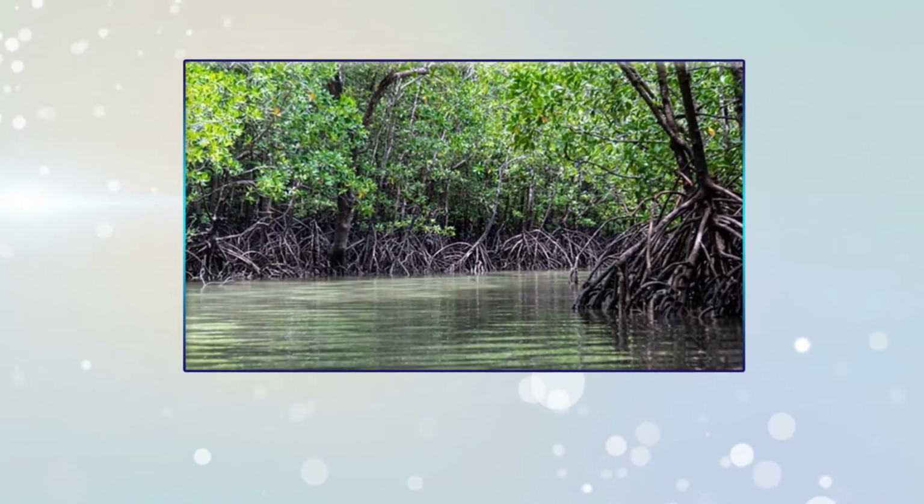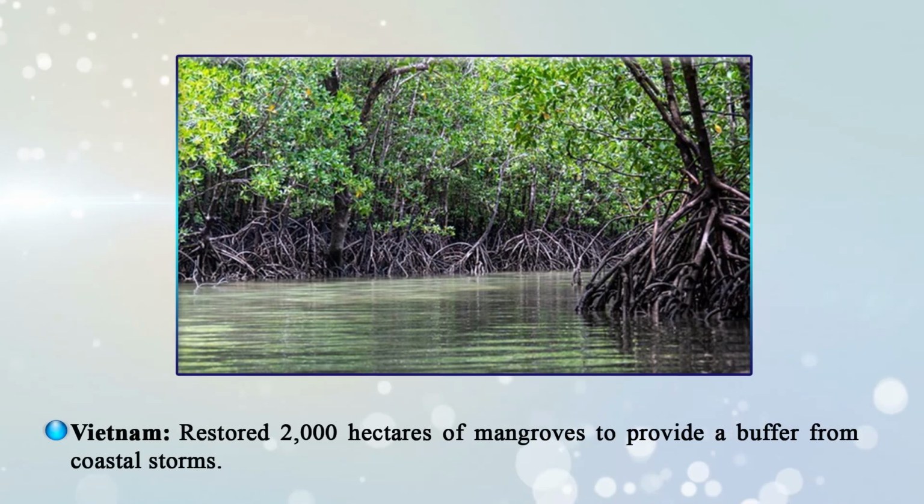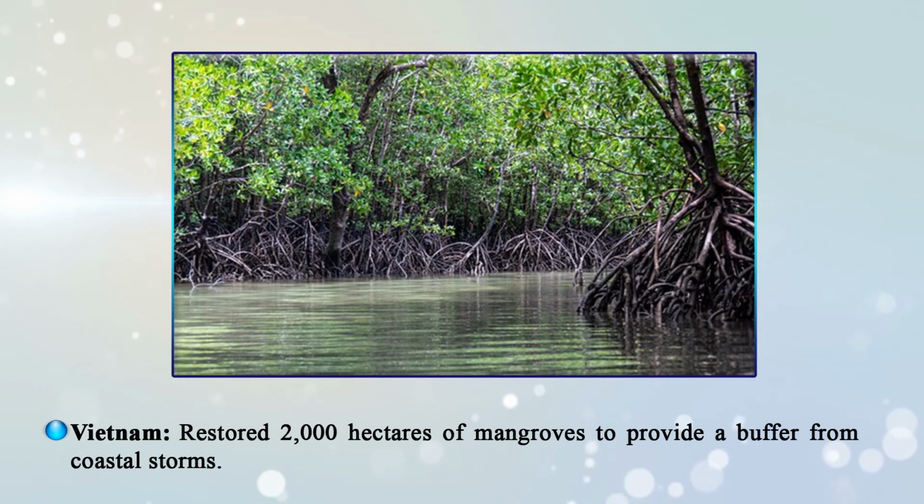Because of all this, certain countries like Vietnam and China have understood that investing in natural resources is one important aspect of how they can protect themselves from disasters and coastal storms. In this figure, it is the mangrove tree that is seen, and Vietnam restored 2000 hectares of mangroves just to provide a buffer from coastal storms.